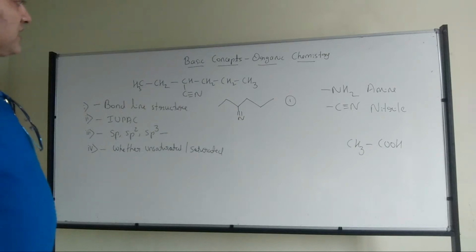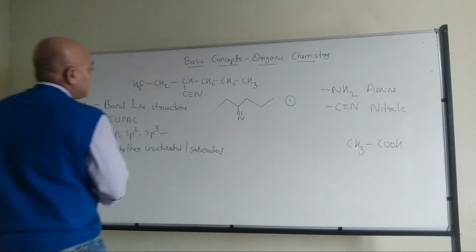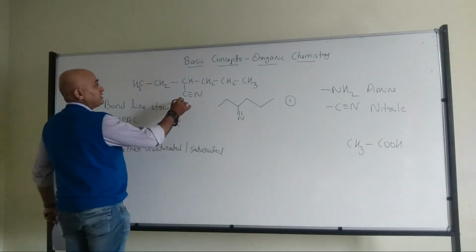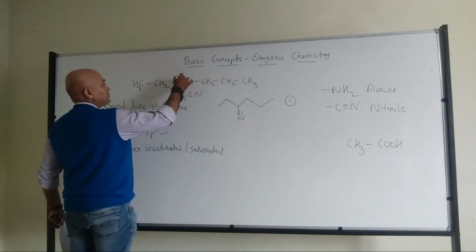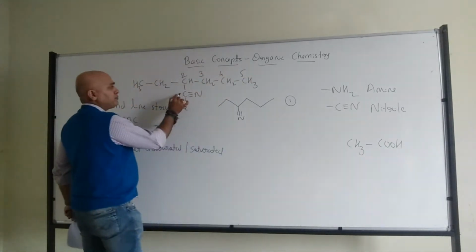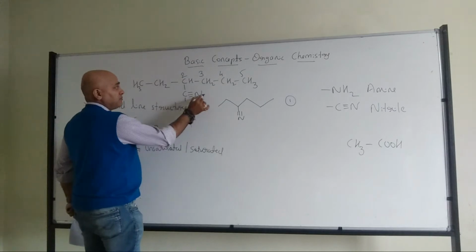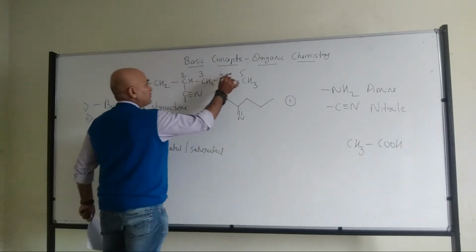Oh, no. I told you preference should be given to the nitrile group. So therefore the numbering should be done from here. 1, 2, 3, 4, 5. We have to give preference to this carbon because it is a functional group.